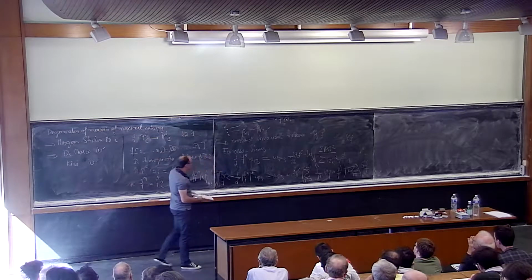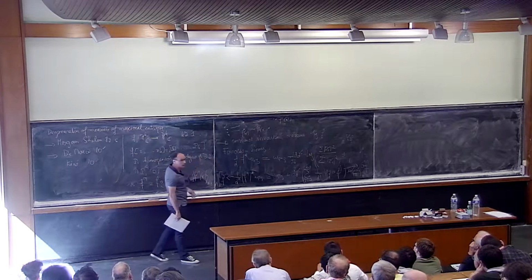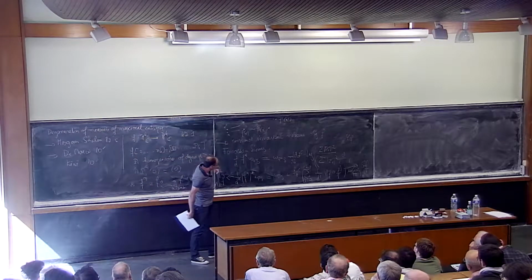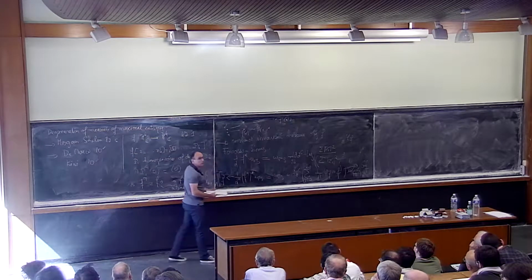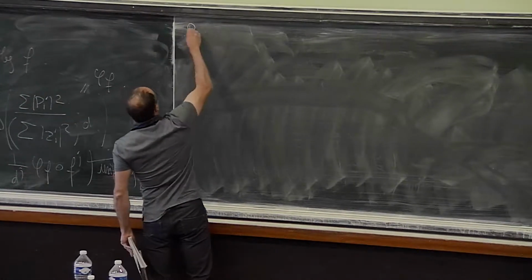Okay, so this positive closed (1,1) current is invariant under the dynamics: when you pull it back by f, you get d times itself. And locally it has a continuous potential, so you can use Bedford-Taylor theory to construct an invariant measure.